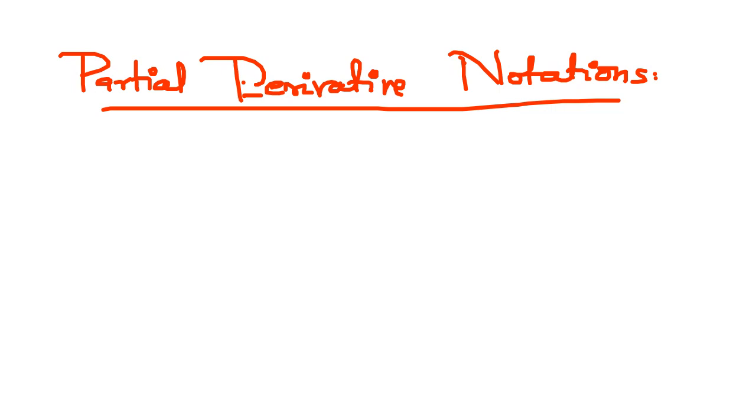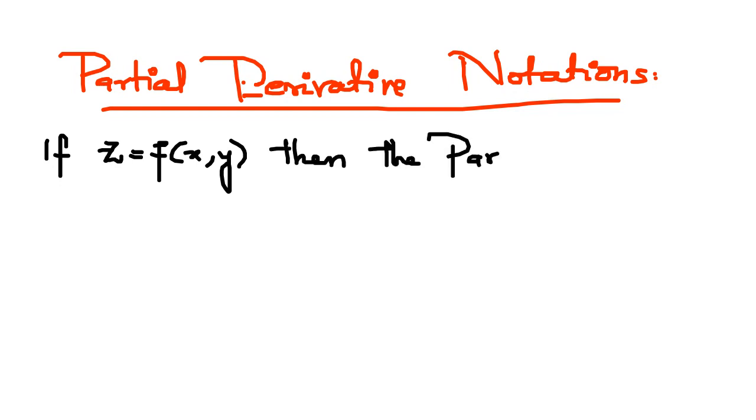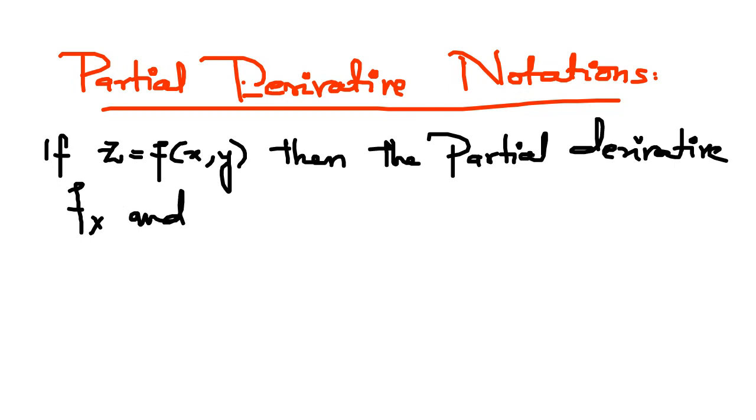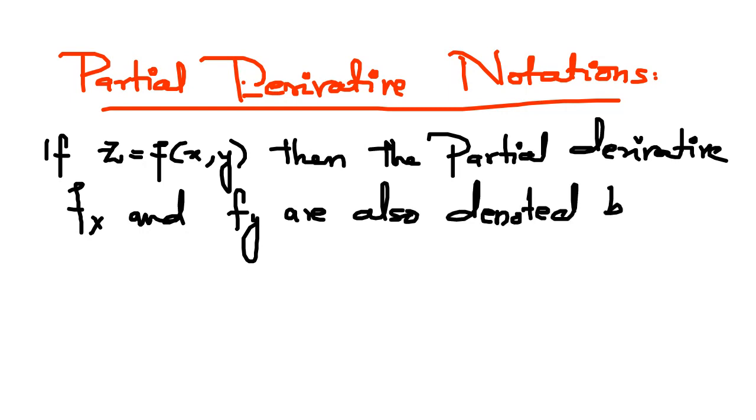Like for example, if you have any function z of x and y, then the partial derivatives f of x and f of y are also denoted by, like this one, you can also write partial f by partial x.